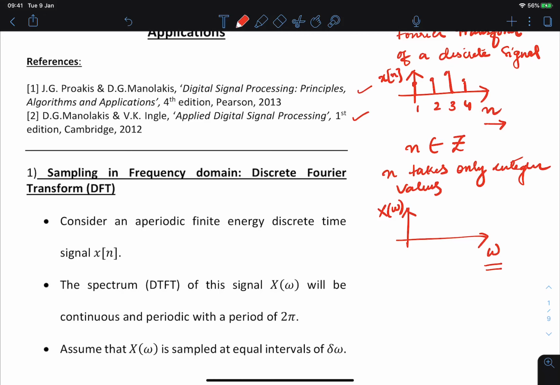After passing this signal through a discrete time Fourier transformer, we get a waveform like this.